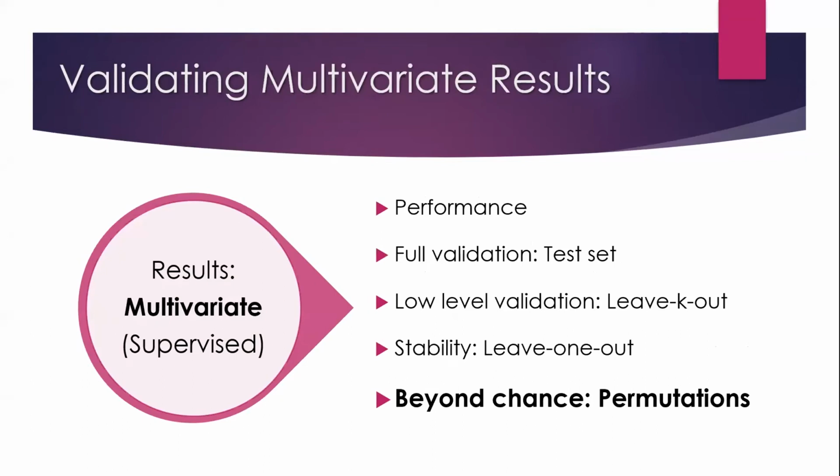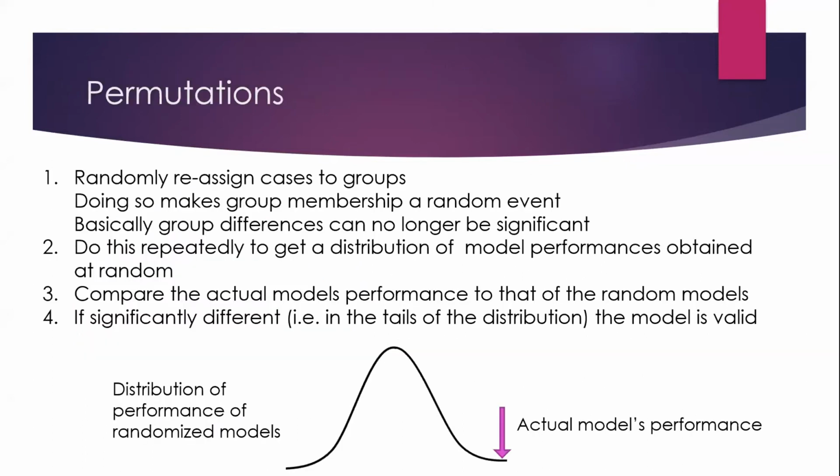Lastly, you want to check that whatever result you've got is beyond chance. And for this, we use permutations. So what you essentially do is you construct a distribution of possible models. So you break your group identities. You randomly assign cases to groups. So you're breaking the group structure, and then you build your model and you get your performance for that model, that distribution.